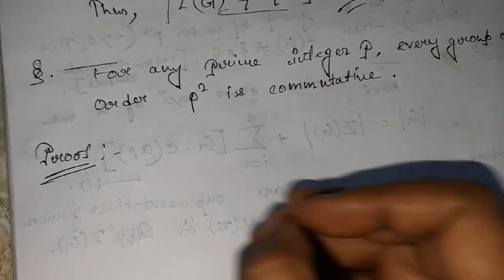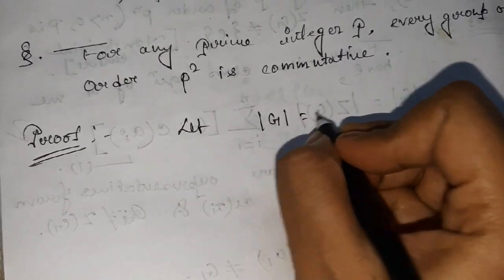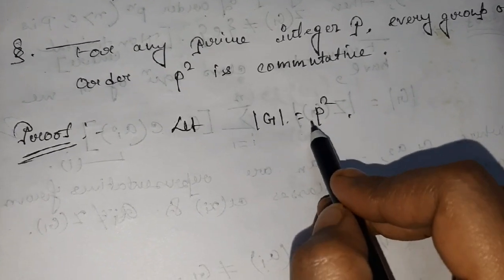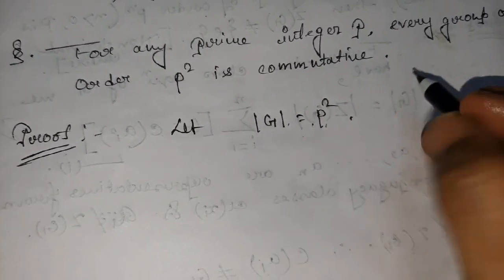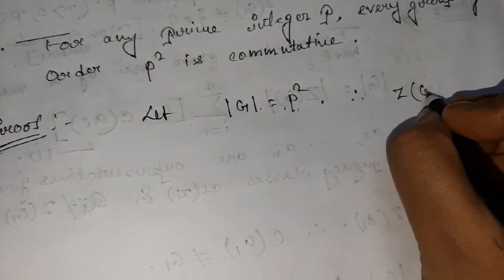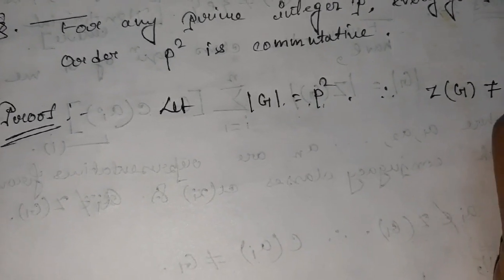So let's start. Let the order of G equal p squared. As the order of G is of the form p to the power n, therefore ZG is not equal to the singleton from my previous theorem.